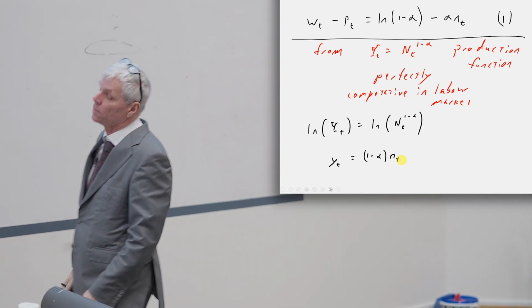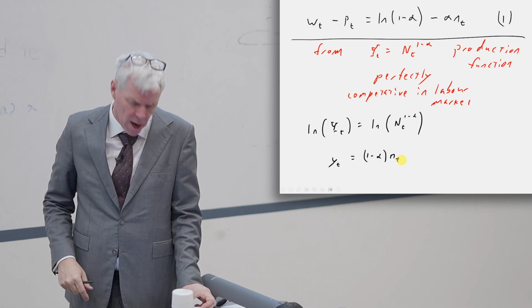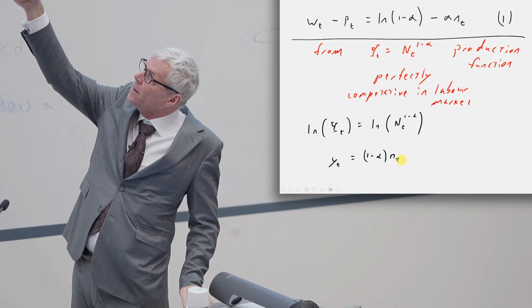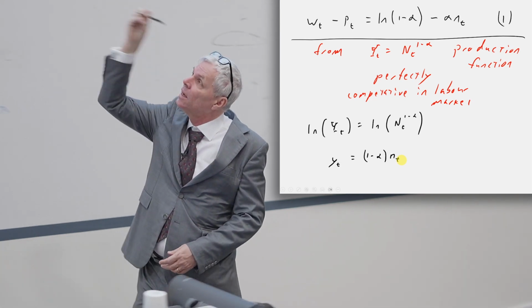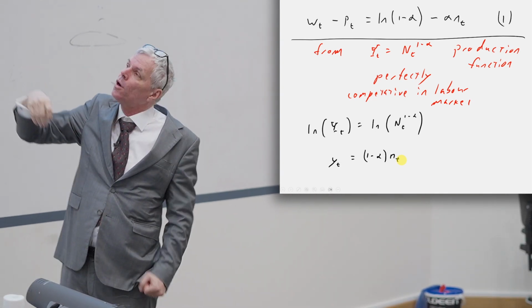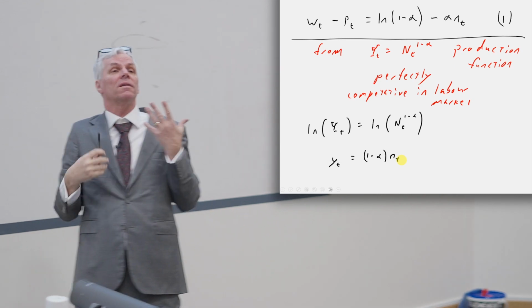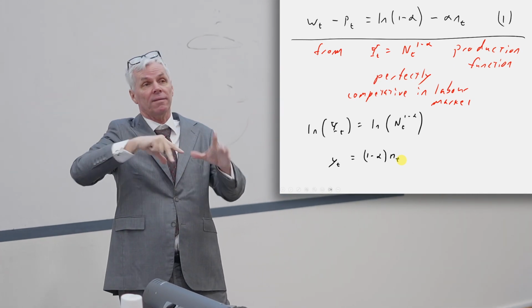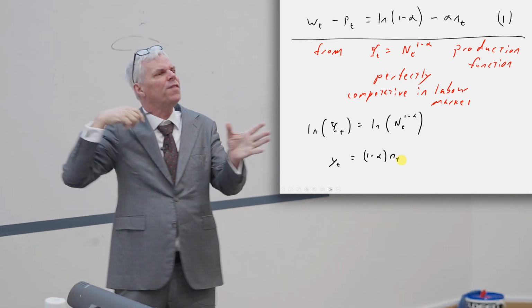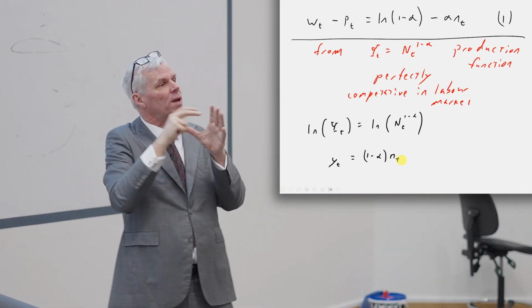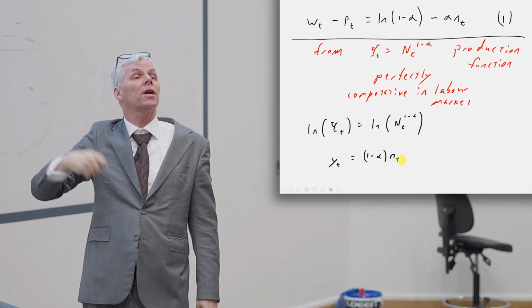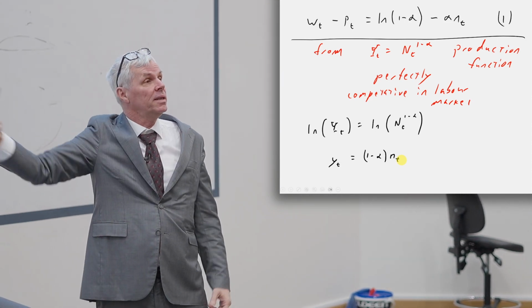And so I can, if I want, and I do, I want very badly, write this thing up here, that number 1, in terms of y instead of in terms of n. Okay? So I'm just going to combine these two equations. I've got two equations. They don't feel so separate because they both came from the production function, but one of them, the lower one, is just the production function rewritten in terms of logs.